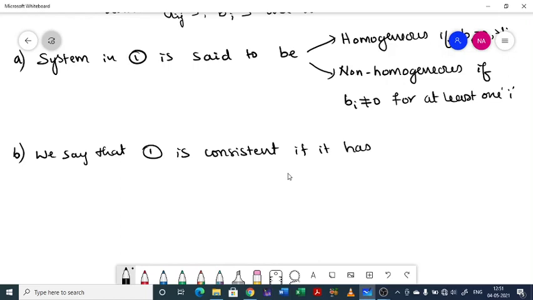If that system possesses at least one solution, it may have any number of solutions, which we discuss later. If it has at least one solution, then that system of equations is consistent.